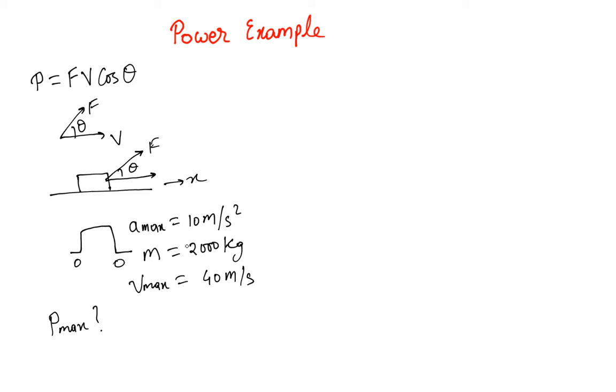Okay, so how should we calculate that? Well, a car is moving like this. Also, we know that we have been given a maximum. That means F maximum is going to be m times a maximum, and that gives us 2000 multiplied by 10, which is 20,000.